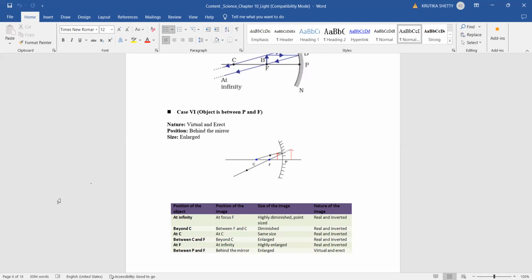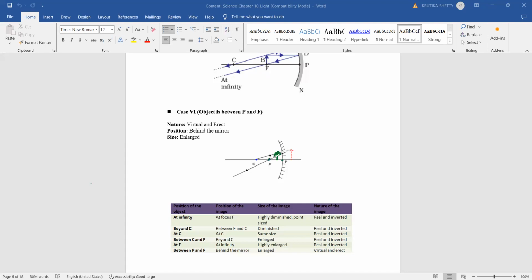So always the image is real for concave mirrors, but only one case is there where it is virtual. That case is case 6: when the object is placed between the pole and the focus. You already know the terms pole and focus. You can see in this figure the red arrow mark. Here I am telling, any one object you place between the pole and the focus.